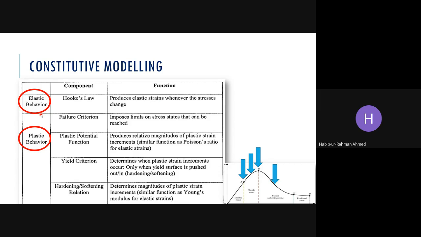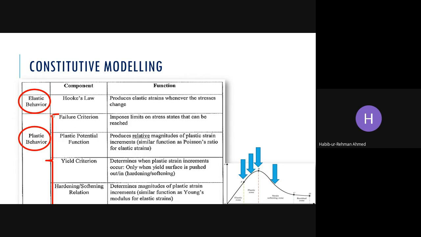Now the plastic behavior consists of all these 4 different zones. What exactly do we have to define? If we can define all these 4 in terms of mathematics, we can couple these together with the elastic part, and we can define the complete behavior of the soil.